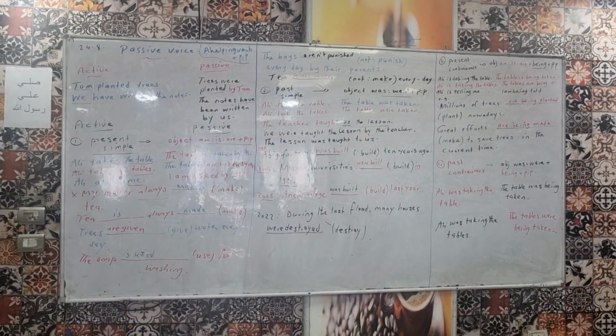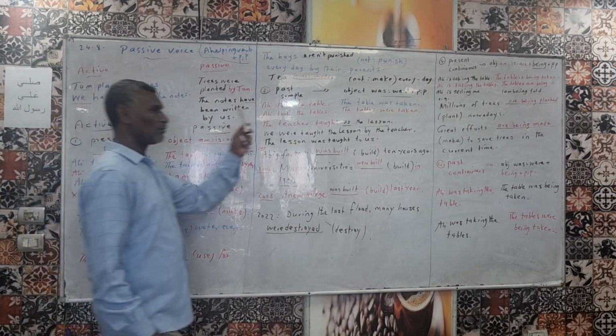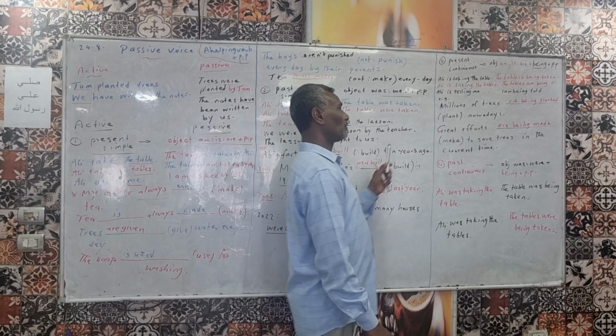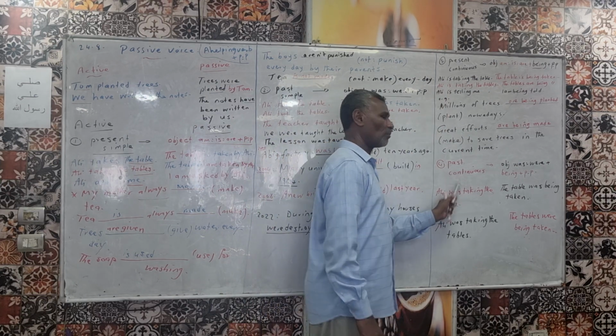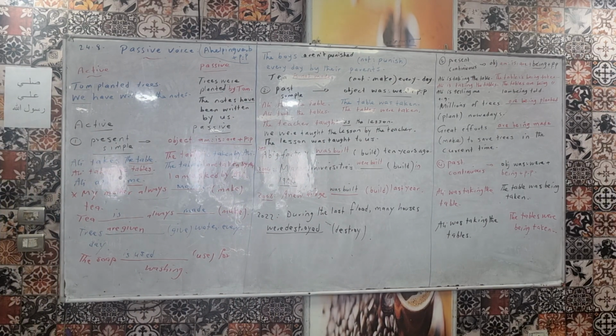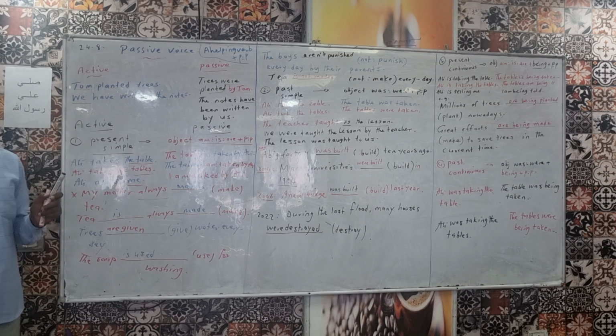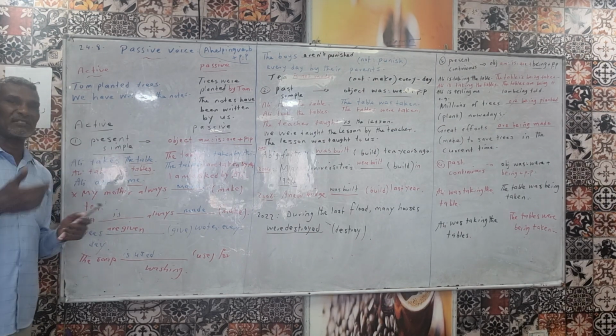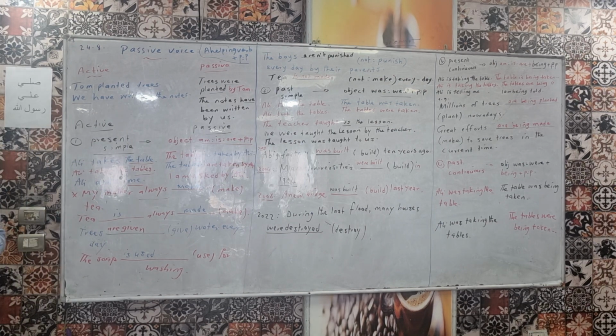اوكي؟ طيب انا هاخد مثال هطبق عليه present simple، past simple، present continuous، past continuous. We publish the novel. novel معناها رواية. اشتغل يا أخي. حولها لباسف voice. كلنا مع بعض نشتغل بصوت واحد.